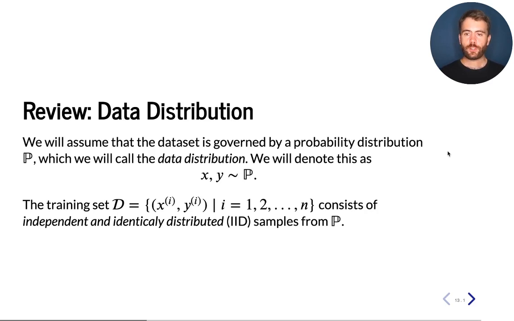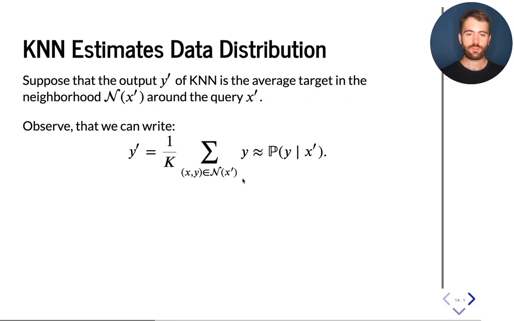Now, we can interpret k-nearest neighbors as actually estimating this true data distribution. Recall what k-nearest neighbor does. Given a query point x prime, we compute its neighborhood, and then consider a consensus that is simply the average of these data points. So it's given here.